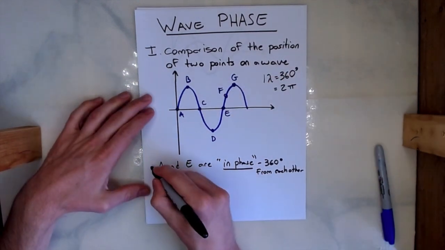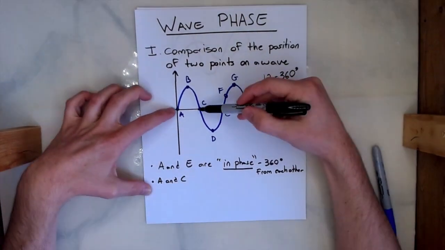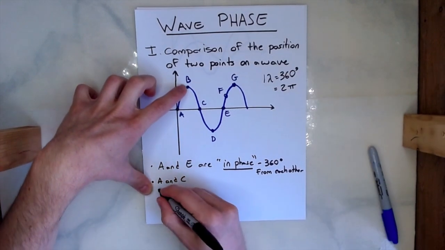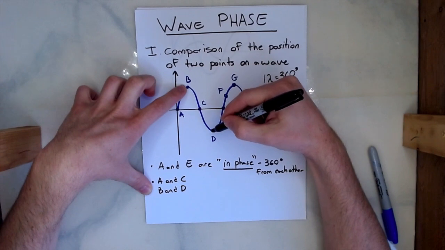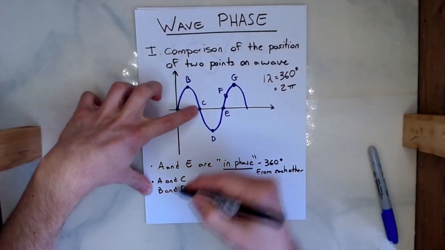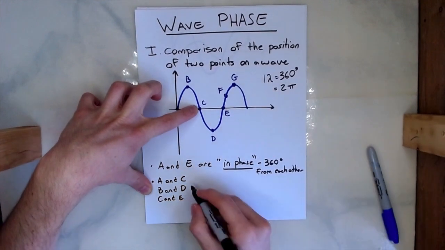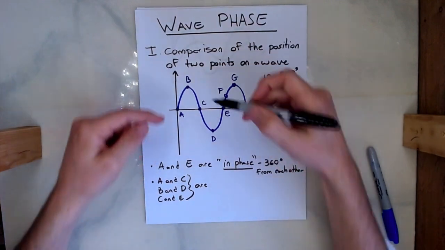I can say that A and C are half a wavelength apart. B and D are half a wavelength apart. C and E are half a wavelength apart. So what I can say for all three of these is, well, what is half a wavelength?